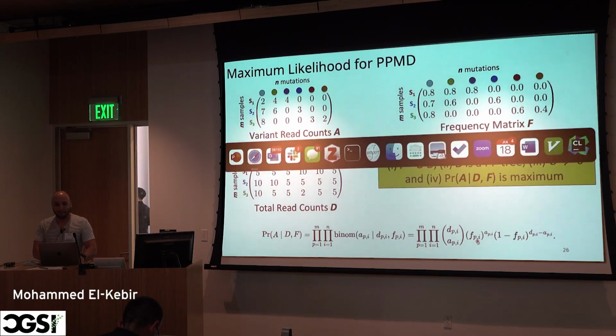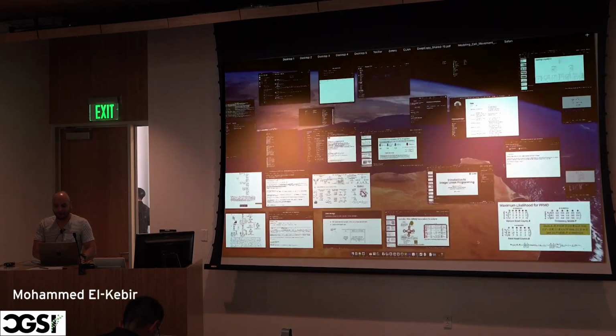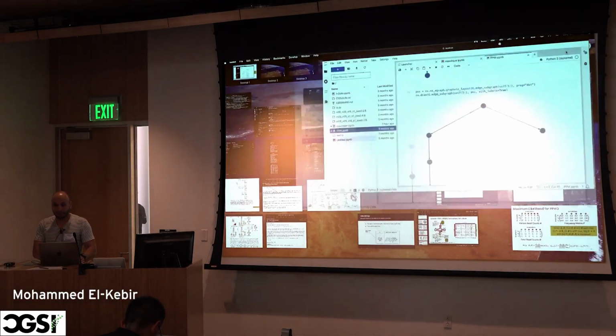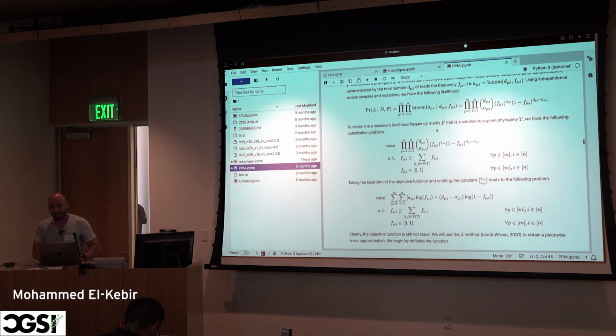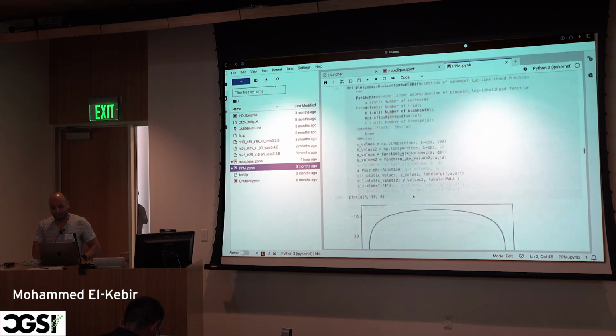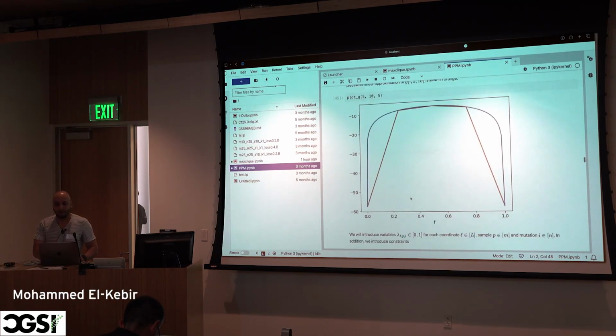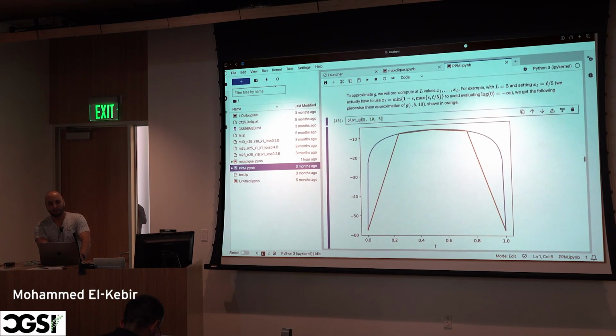One really cool trick that you can use, so I'll just illustrate it over here, is a piecewise linear approximation. This is an example with 5 variant reads, 10 total reads. You can approximate this function using multiple pieces, okay? And as you increase the number of pieces, it's going to look more like the function in blue.